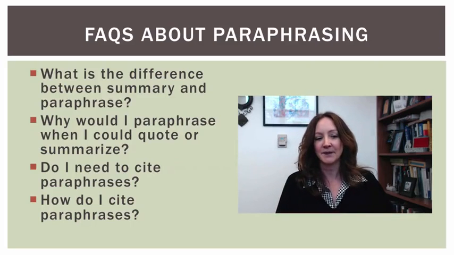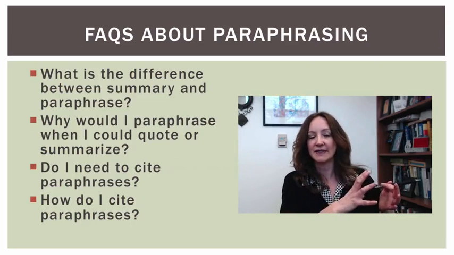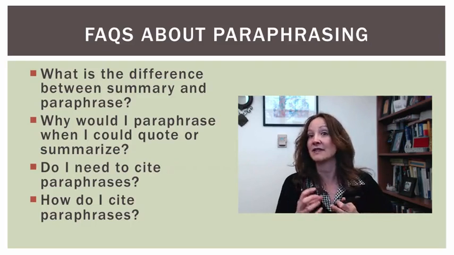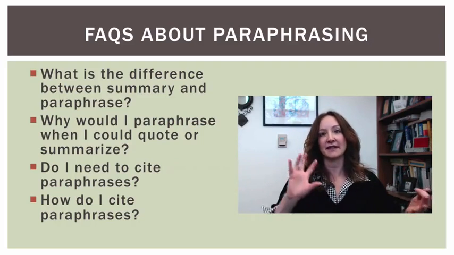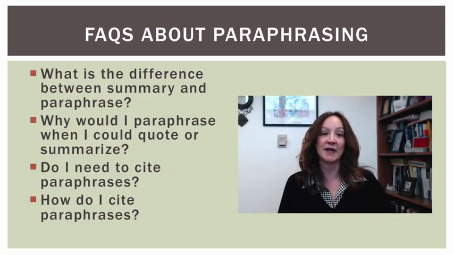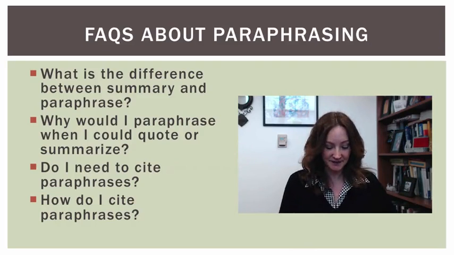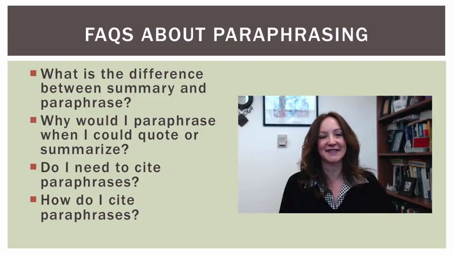So you could take an idea from a sentence and turn it into your own sentence, and you still cite it. Summary would be if you take an entire book and condense it into a summary of a paragraph or a sentence. Do you need to cite paraphrases? Yes, a lot of students are confused about that, so I wanted to emphasize that.